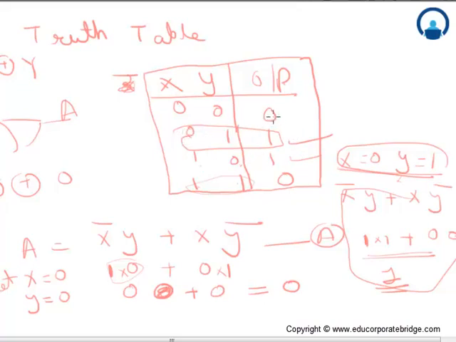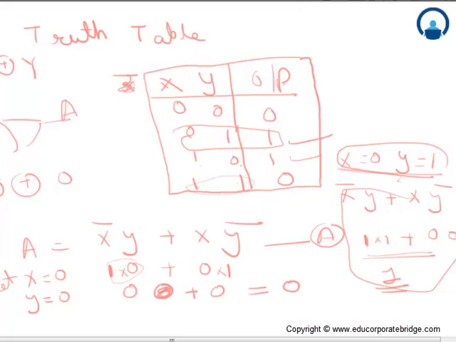Therefore, XOR gates are also called inequality detectors. When both the inputs are unequal, we get the output as 1. When both the inputs are equal, we get the output as 0. That is the reason it is also called an inequality detector.